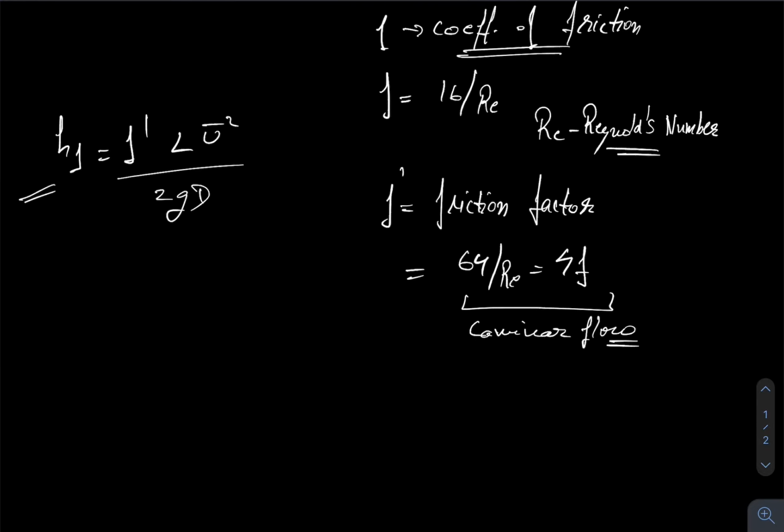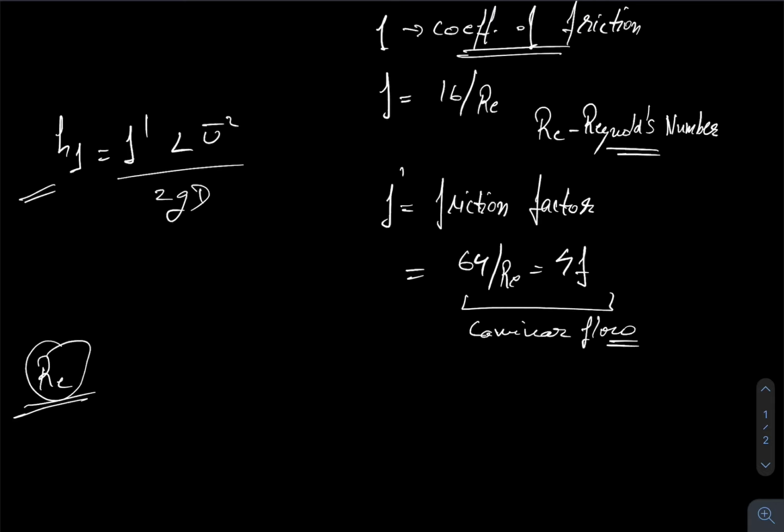Whenever you're doing the analysis for the friction losses in any flow, first of all you need to calculate the Reynolds number. From the Reynolds number you can tell whether the flow is laminar or turbulent. We have discussed that if the Reynolds number is greater than 4000 for pipe flow, then the flow is turbulent. If it is less than 2000, then the flow is laminar.